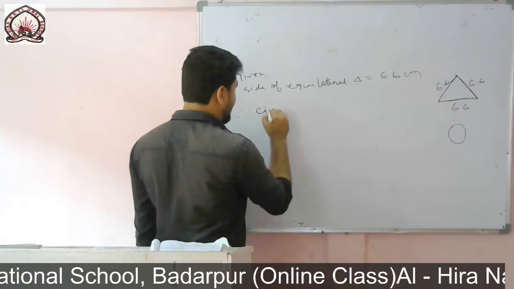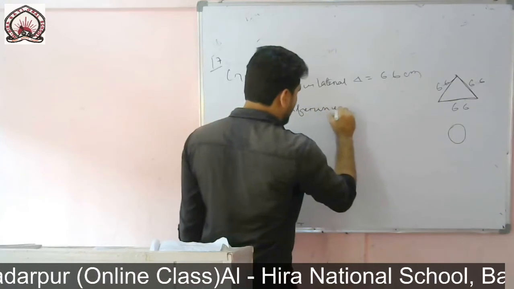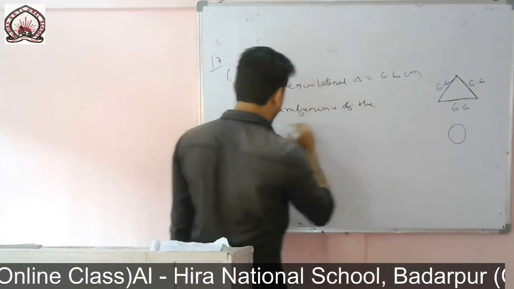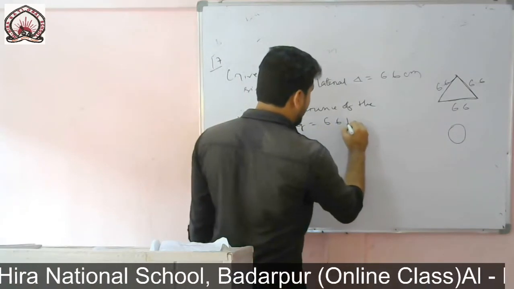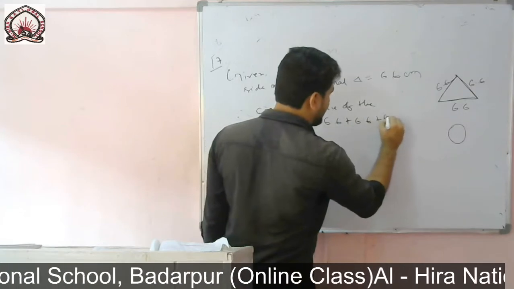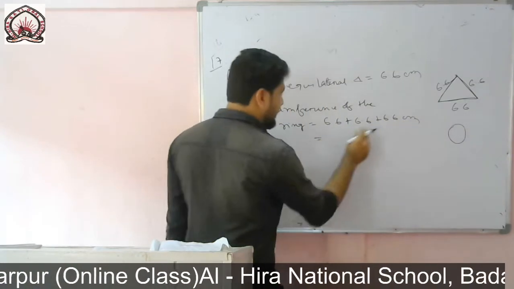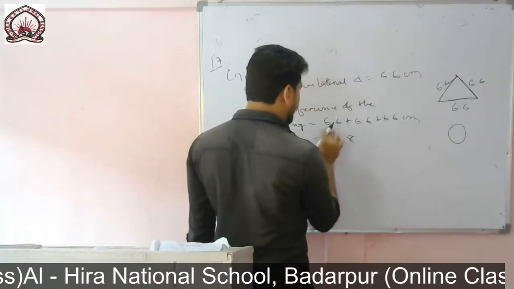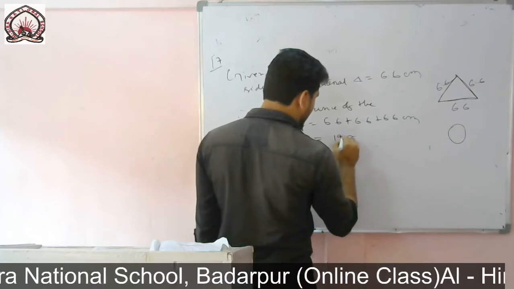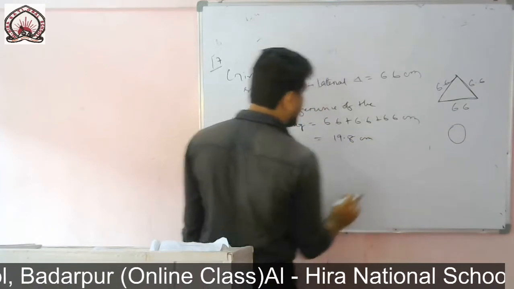Therefore, circumference of the ring will be 6.6 plus 6.6 plus 6.6 centimeter. So we'll get 3 sixes are 18 and 1, and again 3 sixes are 18 and 1, 19.8 centimeter.